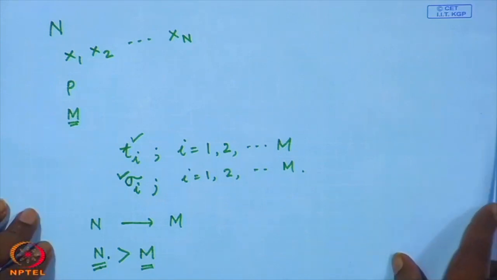Now, there are various clustering algorithms. One of them is this: initially I partition these N samples into capital M clusters, so every cluster will have a number of samples.